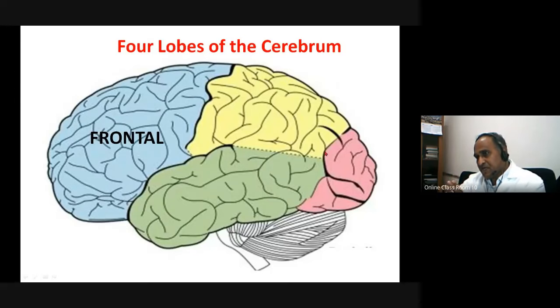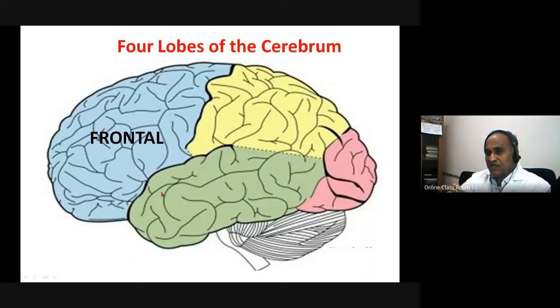The dashed line is a continuation of the lateral sulcus. This area, the yellow area, is the parietal cortex. Now, the area here is the temporal cortex.